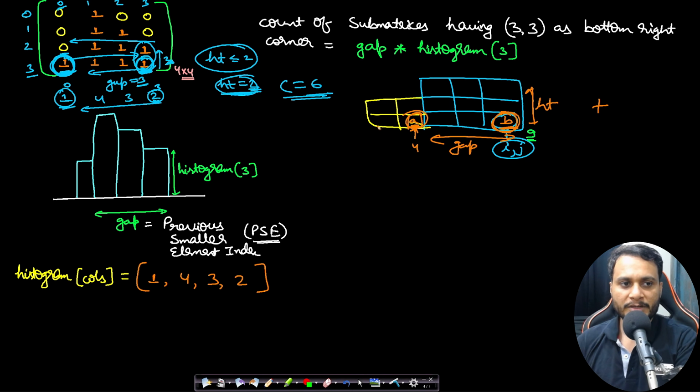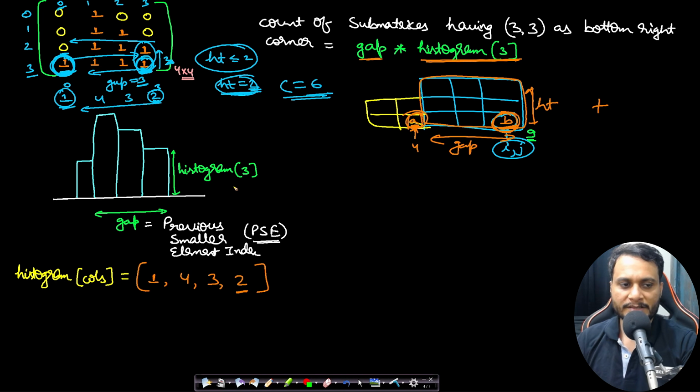So that we will be considering to solve this problem. Now in this particular case, if I just want to count the number of submatrices ending at B as the bottom right corner with height equal to whatever is the height here at B, that means for this one it was 2, then it will just be equal to the gap multiplied by the histogram height at 3, right?